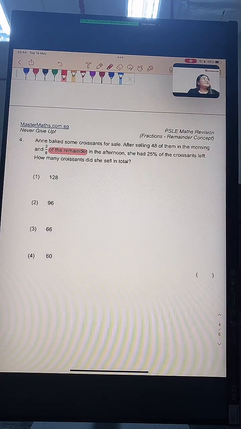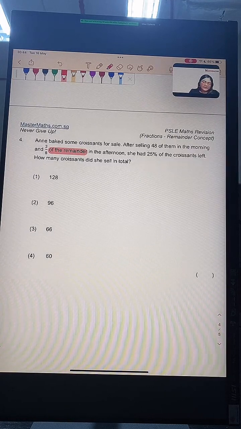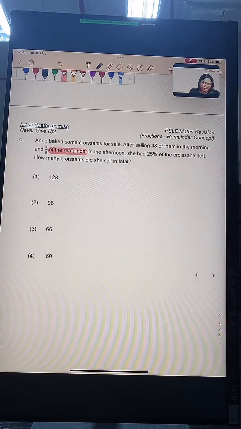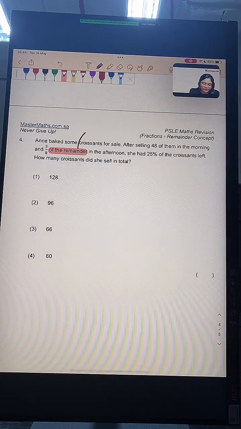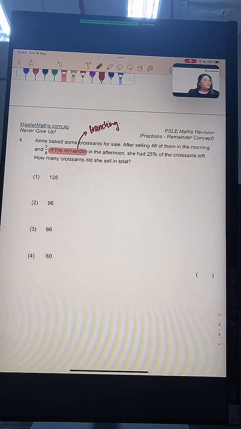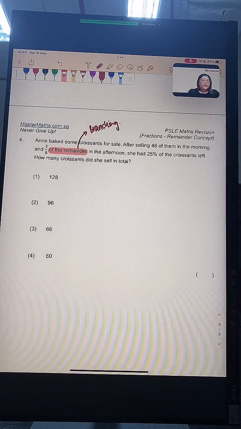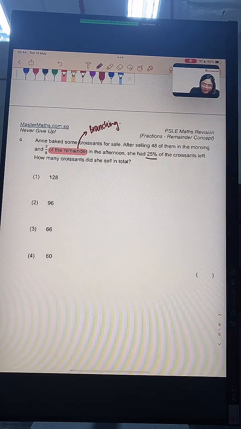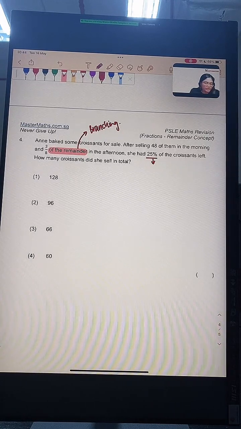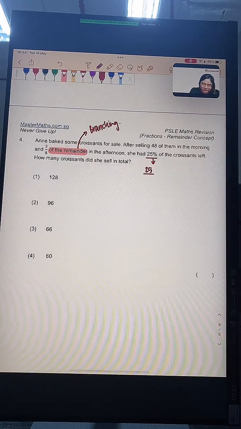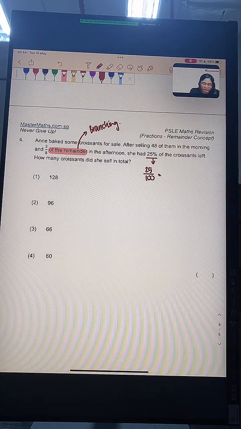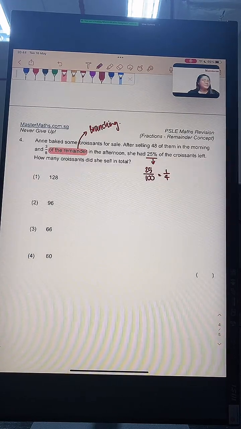So when we see of the remainder, same thing, let's draw the branch. We are again going to use the branching method. We see a percentage here, so let's convert 25% into a fraction. We will get 25 out of 100, which is the same as 1/4.